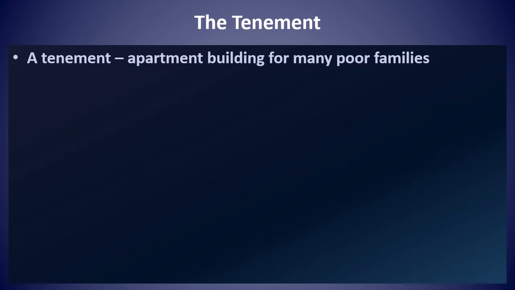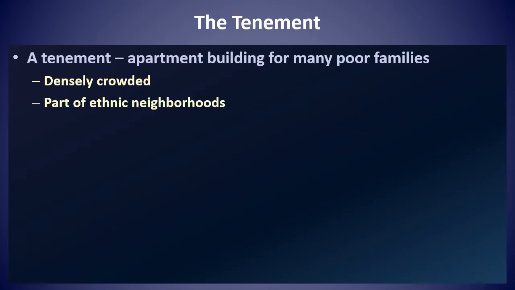It didn't have to be that way, but this is the association you see in the 19th century: that these are really awful, disgusting, and dangerous places for urban poor folks to live in. They tend to be densely crowded. They tend to be part of ethnic neighborhoods, so you'll see a series of tenements that might be all the Italian section or the Greek section.